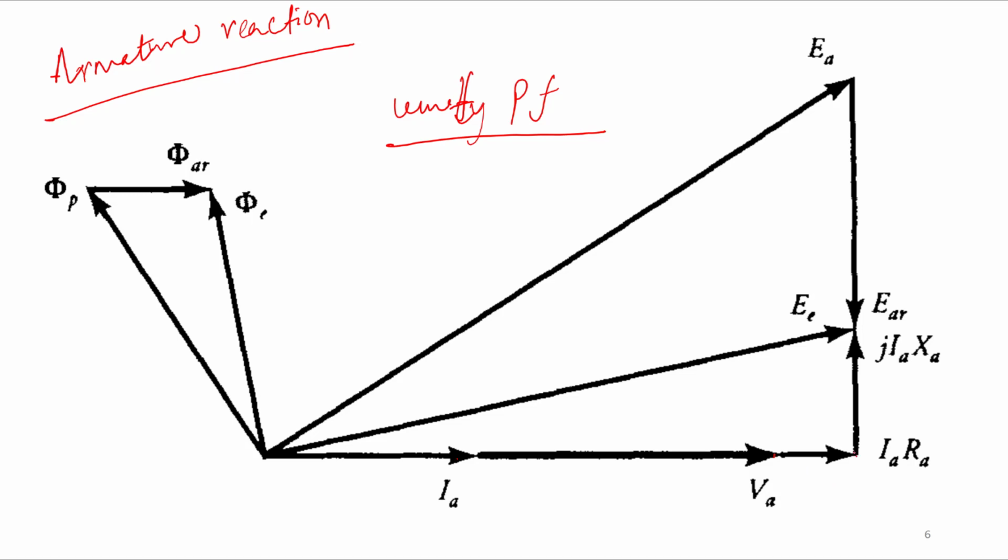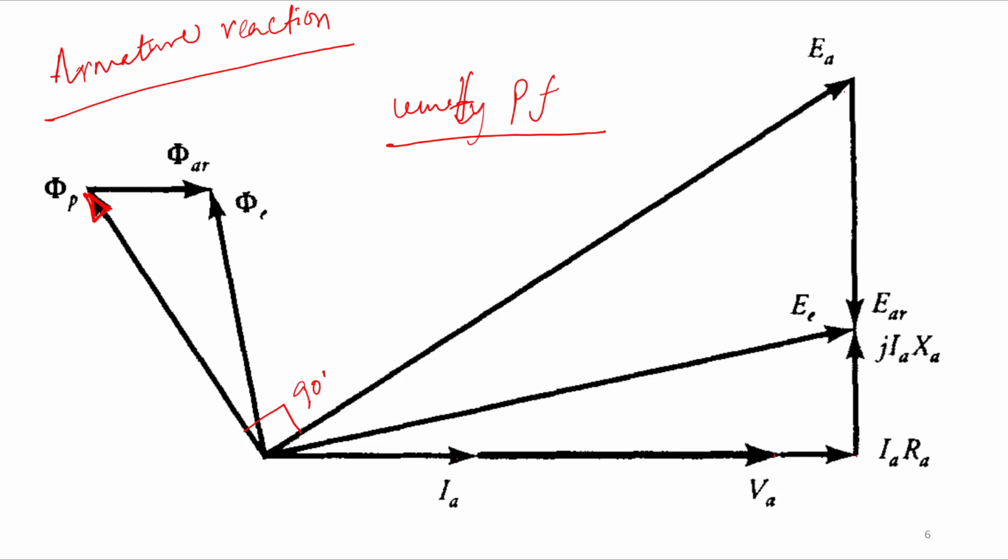Before that, let us say the flux per pole is phi P. Now your induced EMF in the generator will lag phi P by 90 degrees, right?